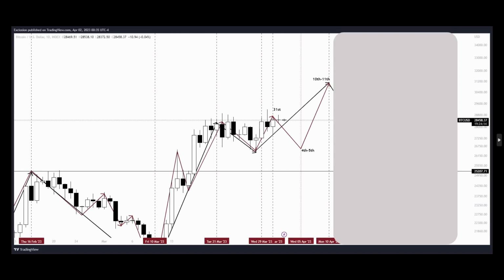For example, if you want to trade larger swings, the black line is useful, and if you trade shorter-term swings, daily swings, and you have more time, then you can use the red line, and you can also use both of them together.